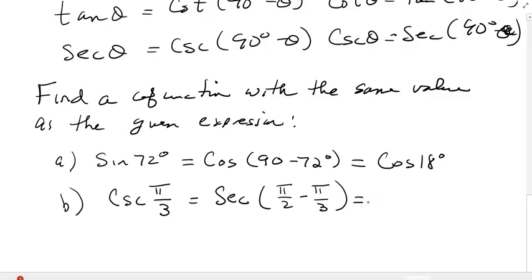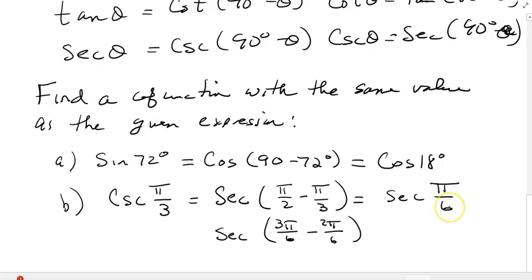Well, if I put them both over 6, that's 3 pi over 6 and 2 pi over 6. So 3 pi over 6 minus 2 pi over 6 is secant of pi over 6. Or you could have seen above, you will get in the habit of knowing that pi over 3 and pi over 6 add up to 90 degrees together.